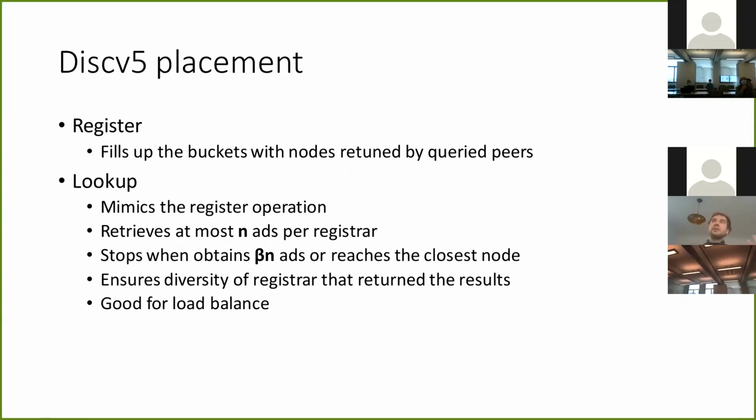But if after addressing buckets 1, 2, and 3 I already have enough ads, so beta n, then I can just stop and I don't have to go towards buckets 5, 6, 7, and so on. So I don't need to bother the nodes that are closer to the topic hash, which is again good for load balancing.